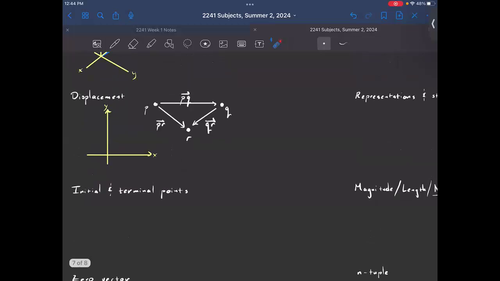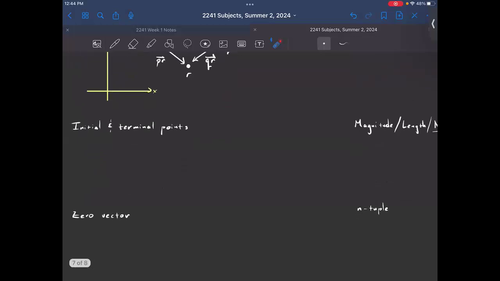And I also want to mention that displacement can be negative in that sense. So if I were to walk from P to Q in 5 units, and then Q back to, let's say, S over here in -7 units, my displacement would be -2 from my initial position.